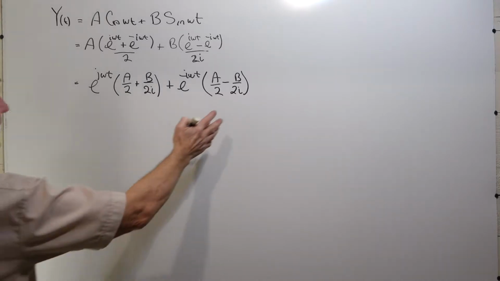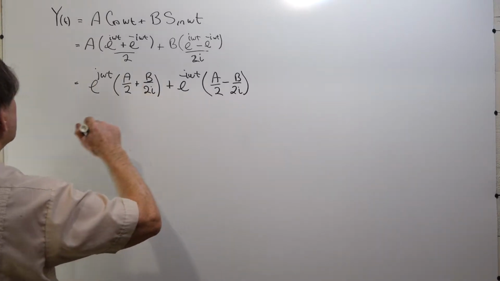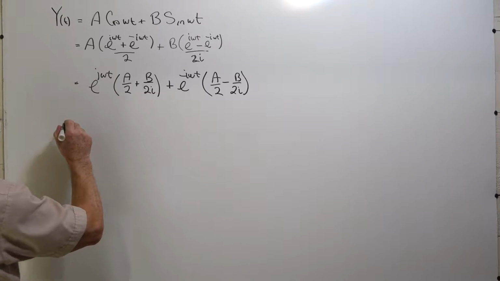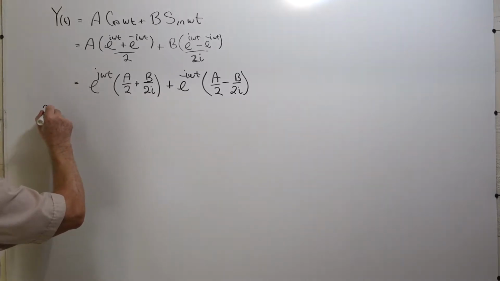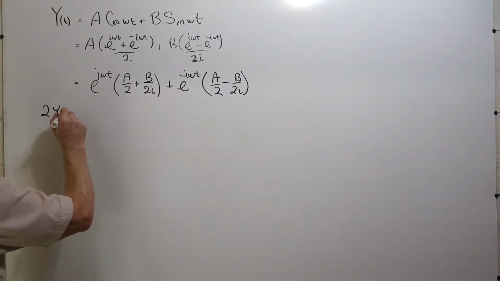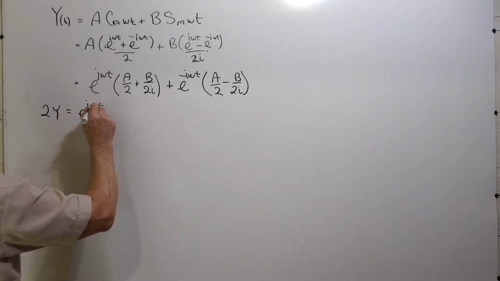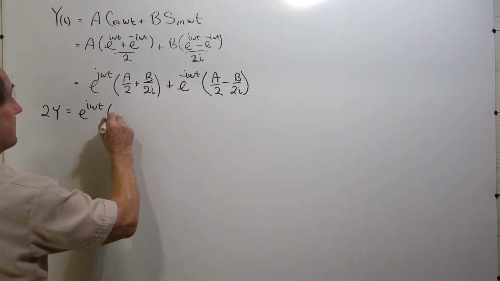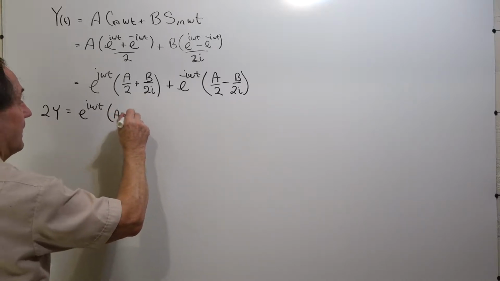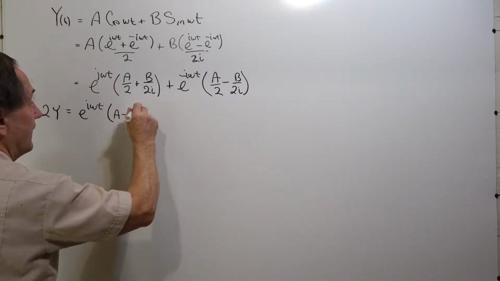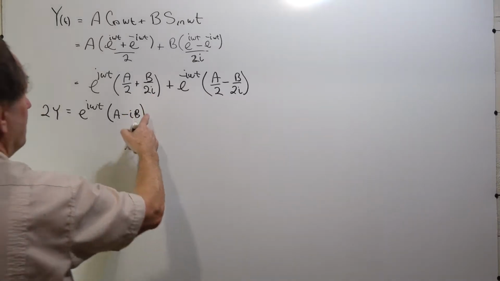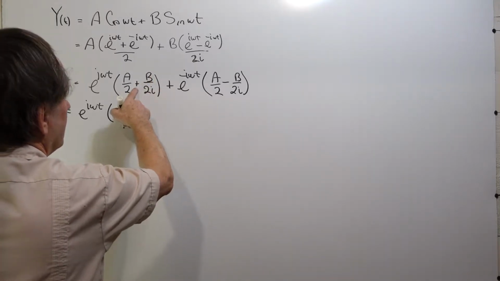Now I'm going to multiply through by 2 so I don't have to carry the 2 along. So I'm going to write this as 2y equals e to the j omega t times a minus jb. The j in the denominator, when we bring it up into the numerator, we get a minus.